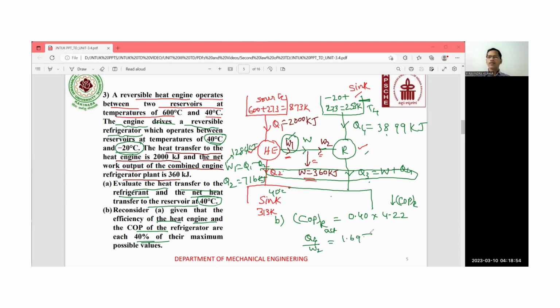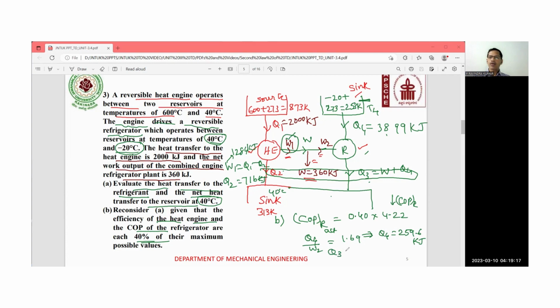With this calculation, you can get the Q4 value as 215.6 kilojoules. Now, once Q4 you got, then what is this Q3?